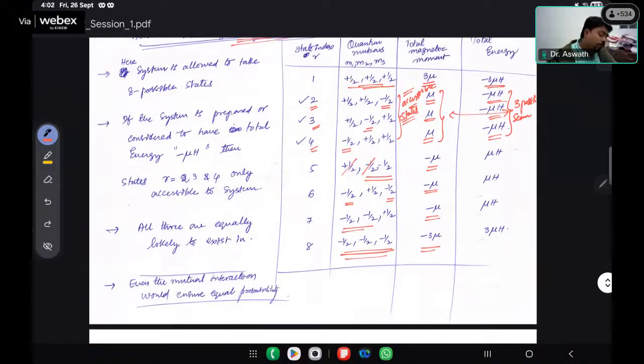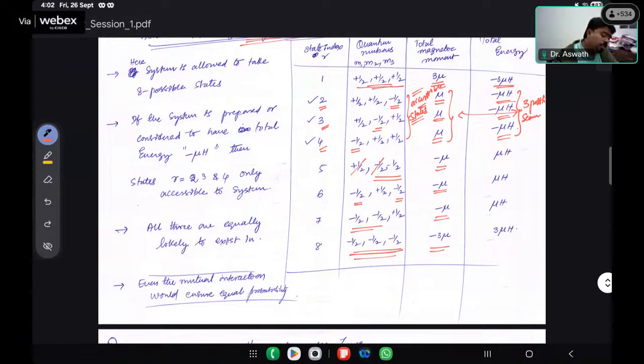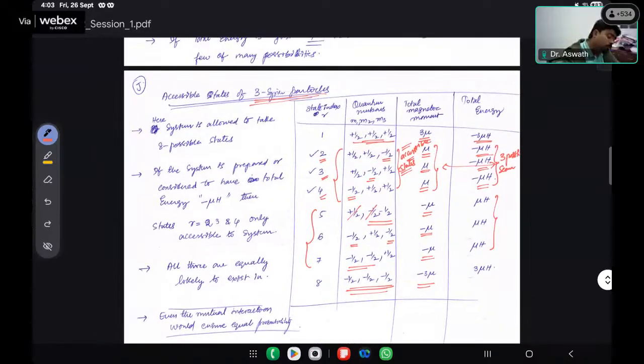If I have a three particle system to exist with a total magnetic energy of minus mu h and a total magnetic moment of mu, and I allow the system to arrange in various manners, it can arrange in three ways. So for a total magnetic moment of mu, the system can rearrange in three possible ways, three accessible states, just by internally rearranging.